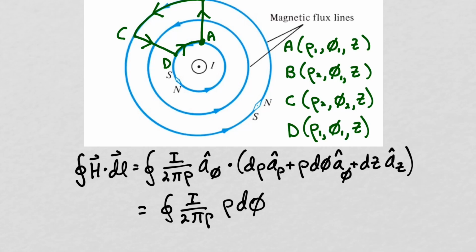Since a phi dot a rho is 0, there's no contribution when we integrate in the rho direction, and since a phi dot az is 0, there's no contribution when we integrate in the z direction. So the rho and z coordinates of the points will not matter. So these rhos will cancel. We can factor the I over 2 pi out of the integral, so we're just left with the integral of d phi.